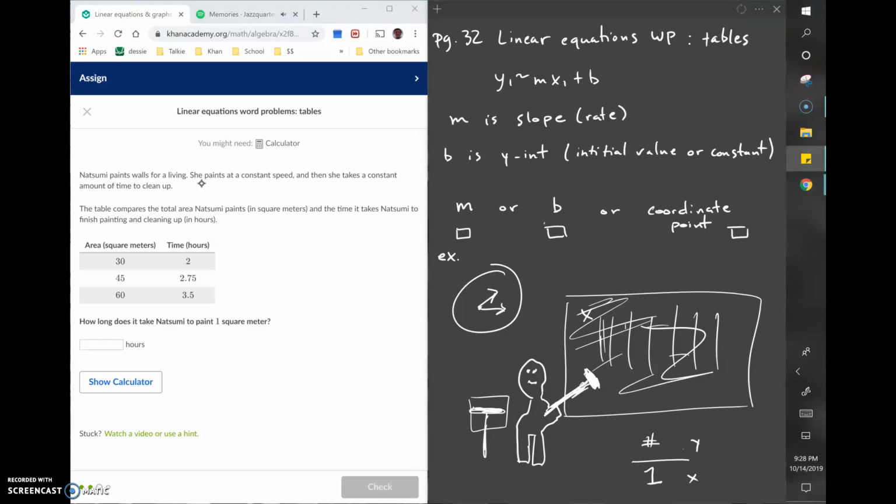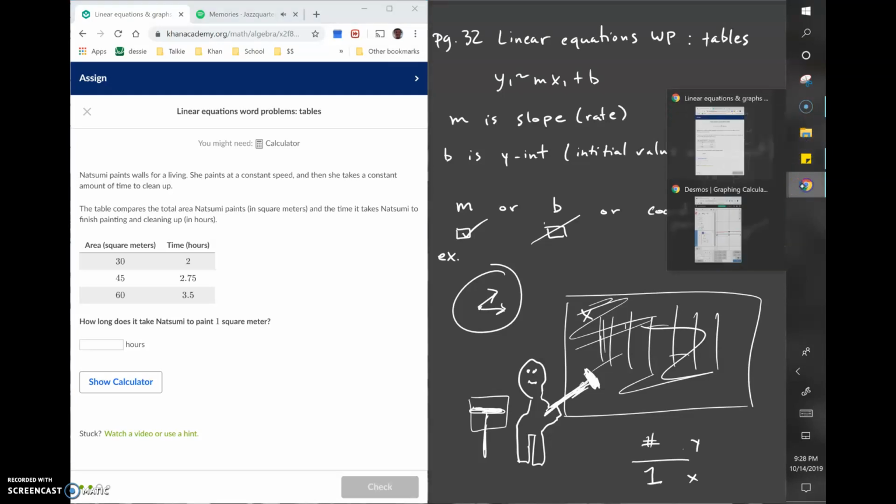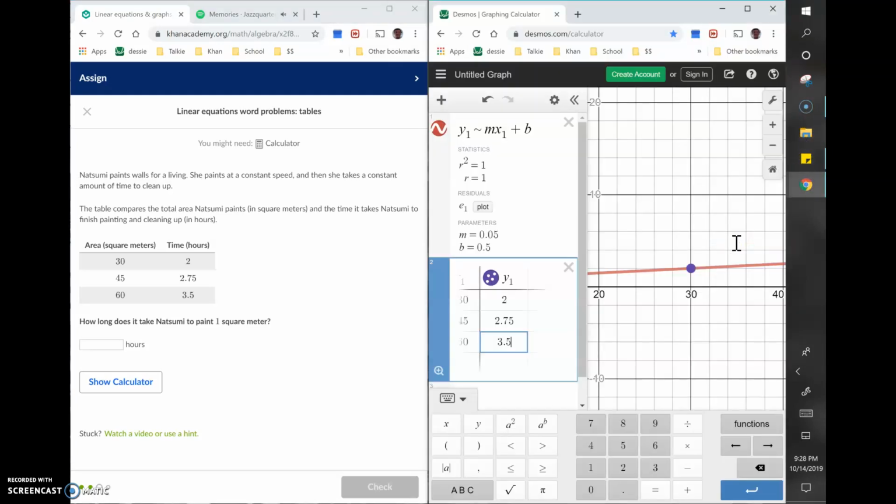So in this case, we know it's not asking us for an initial value, and I could see why you might think it's a coordinate point. It's not. It's actually asking us for the slope. Anytime that it gives you a 1, it's saying, hey, how many y's per 1 x, which is essentially just the slope.